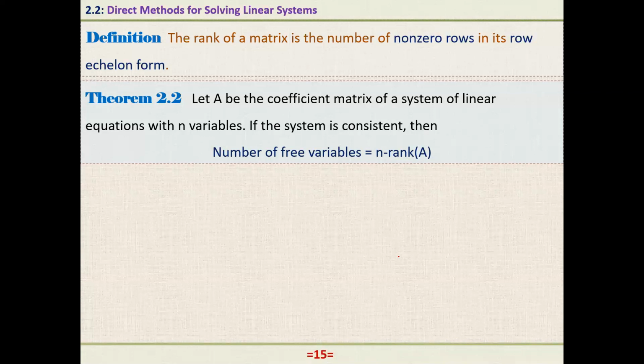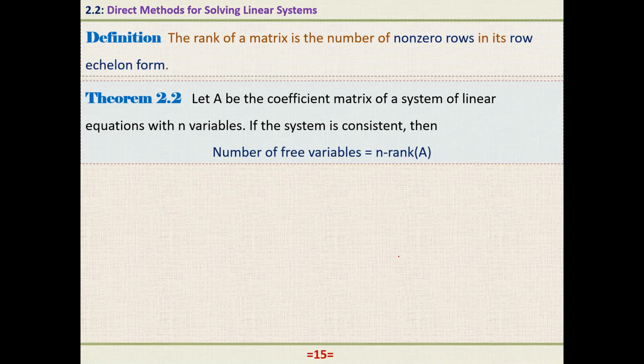And immediately we have a rank theorem, the first part here. Let A be the coefficient matrix of a system of linear equations with n variables. Okay, so we're not talking about the augmented matrix. Here we are talking about the coefficient matrix, right? Only the matrix that consists of all the coefficients of the system.